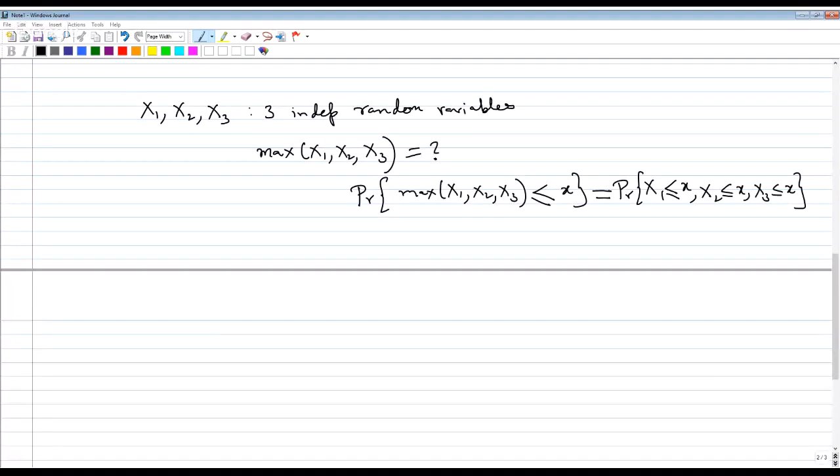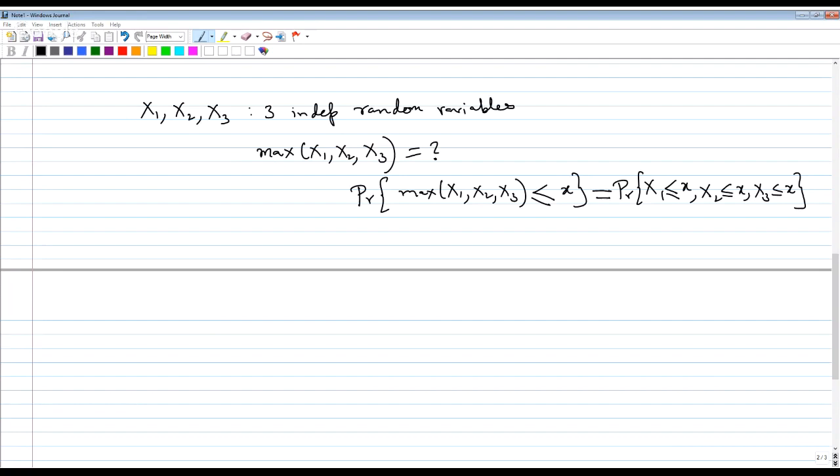I put less than or equal to here, it doesn't really matter. So that's the first step in understanding order. The maximum of x1, x2, x3 being less than or equal to x is the same as each of them being less than or equal to x. It's true both ways, so this is correct.